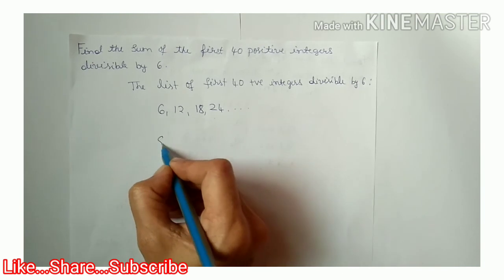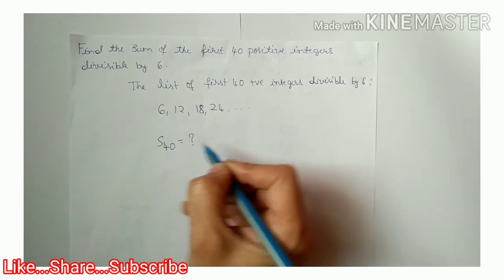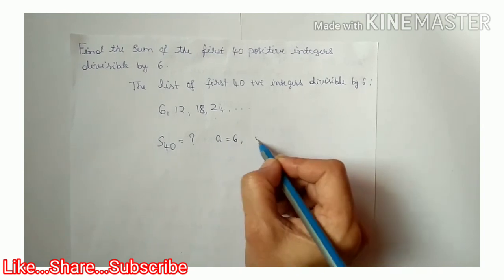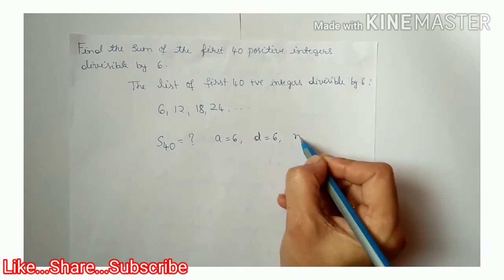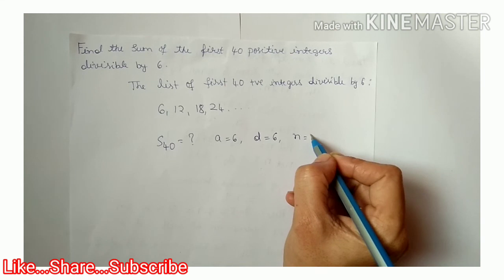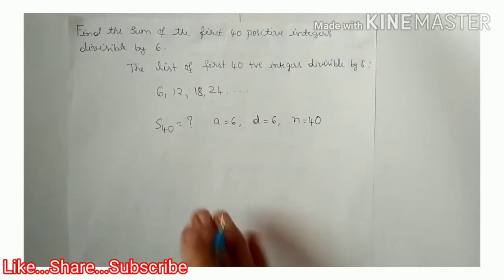We need to find S40. The first term a is 6, d is 6, and n is 40.